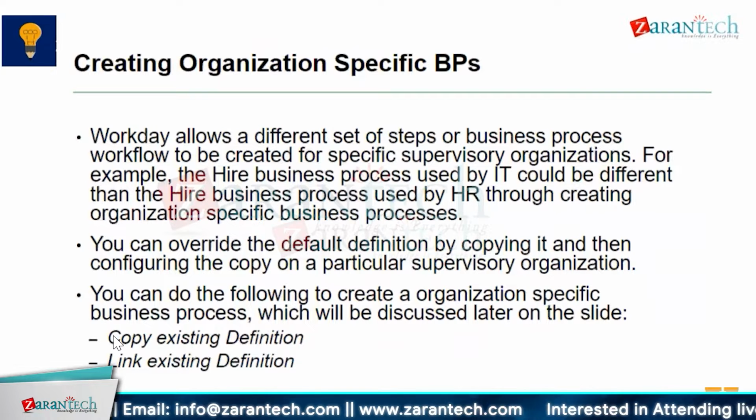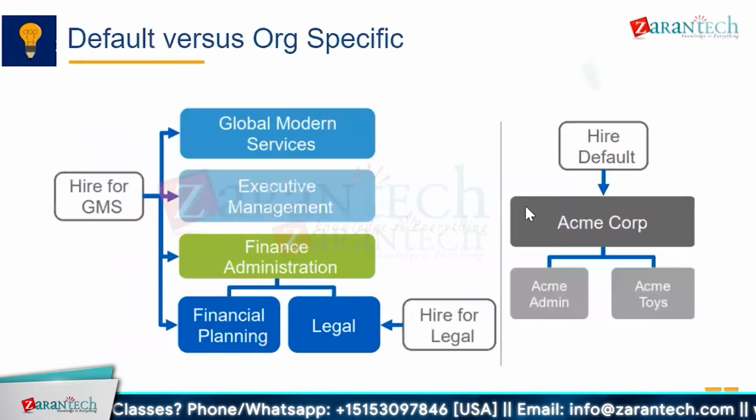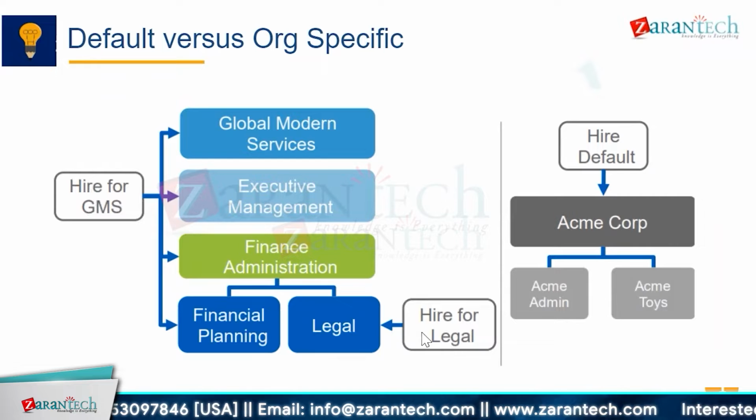But if I'm planning things to be different, and I just need a starting point, because, let's say, for this example, I know that I need just additional steps, but I want to follow all the other steps that are part of Hire for GMS. There are just small nuances that I need to change. Then I'll just go ahead and do copy and then add the additional steps.